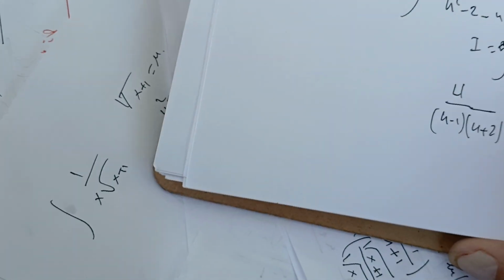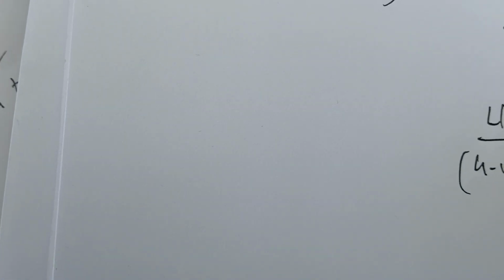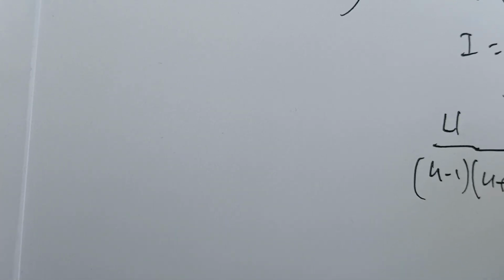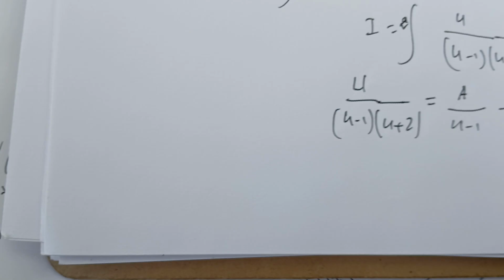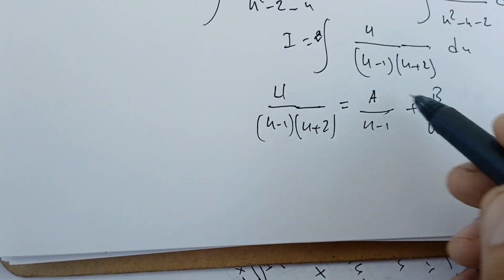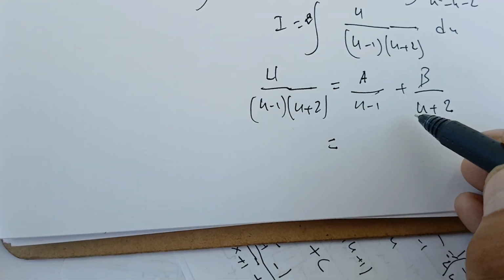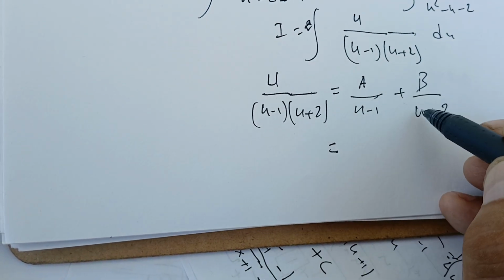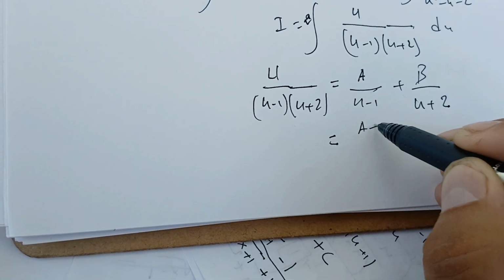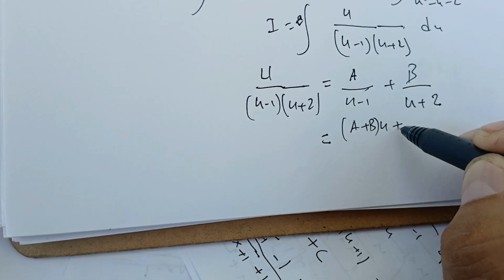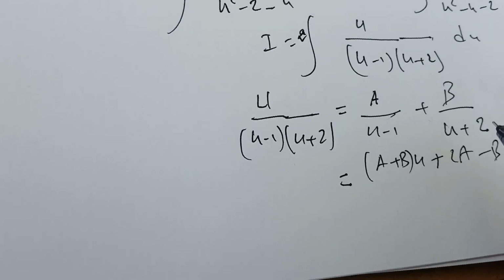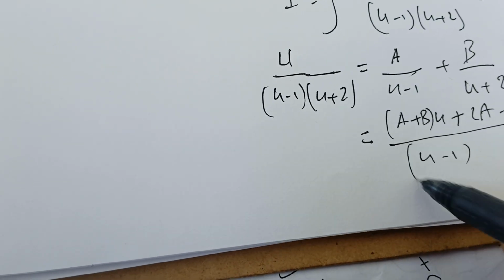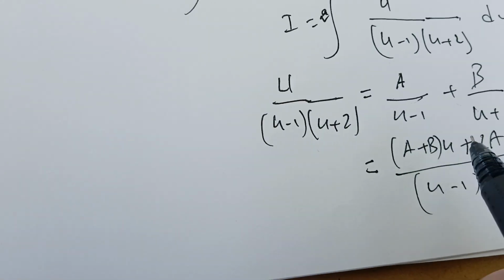Once I do that, I can just cross multiply to get the result that I need. So here I multiply and get the factor of u is a plus b, and the constant is 2a minus b, over u minus 1 times u plus 2.